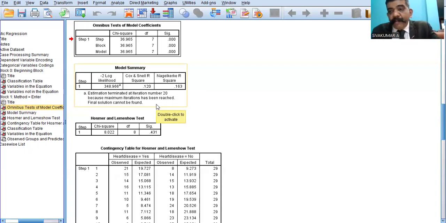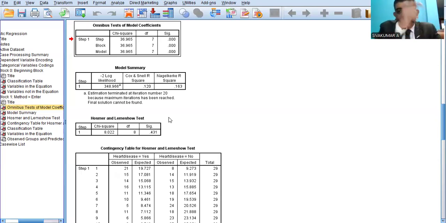The dependent variable is whether you have heart disease, yes or no. The independent variables are your age, education level, job satisfaction, etc. Whether those independent variables can predict the dependent variable is the question before you.